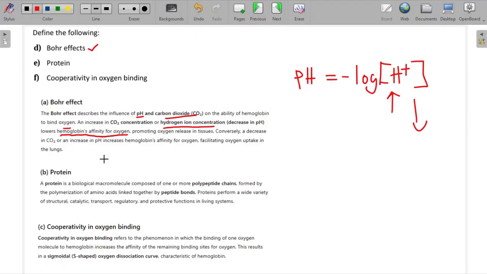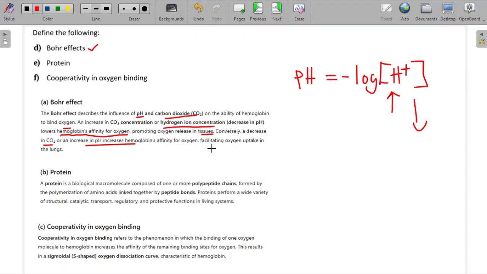So the hemoglobin won't bind the oxygen as readily, and this promotes oxygen release in the tissues. This is what we call the Bohr effect. Conversely, a decrease in carbon dioxide or an increase in pH increases hemoglobin's affinity for oxygen, facilitating oxygen uptake in the lungs.